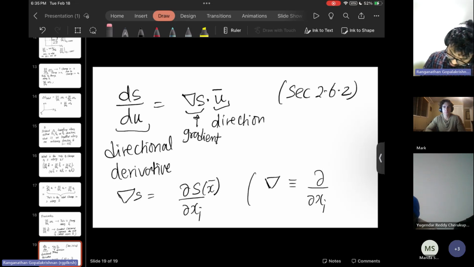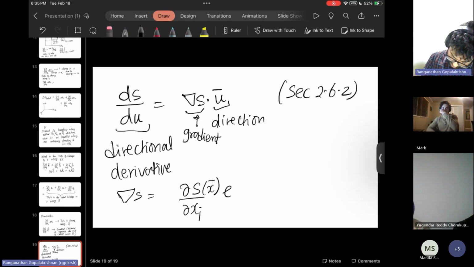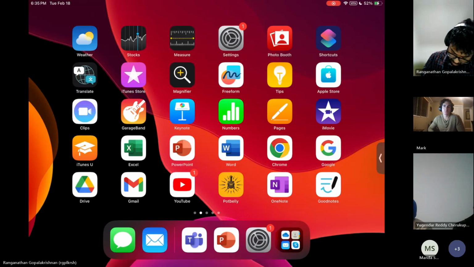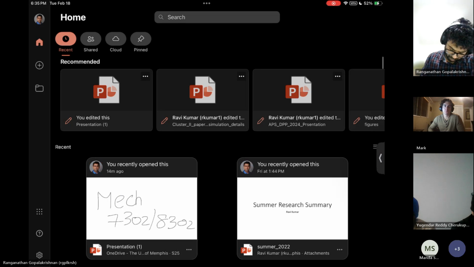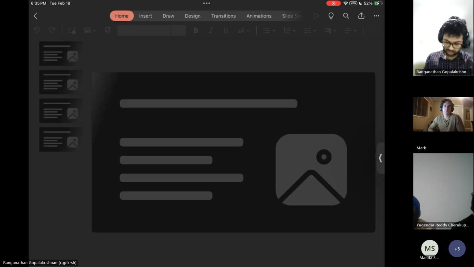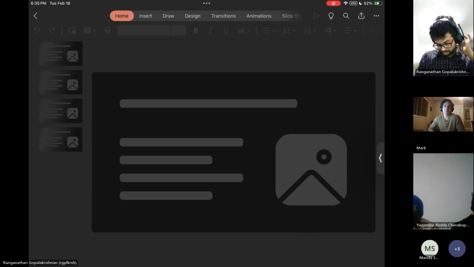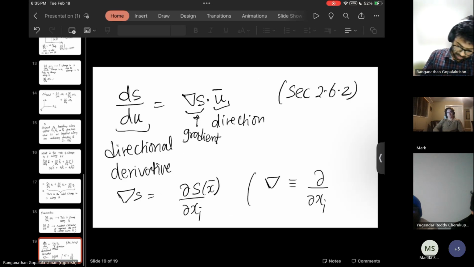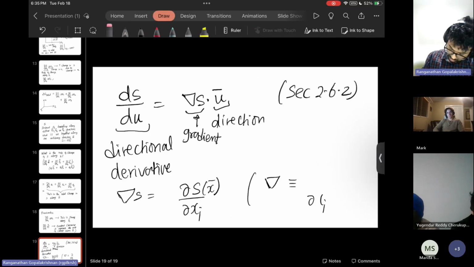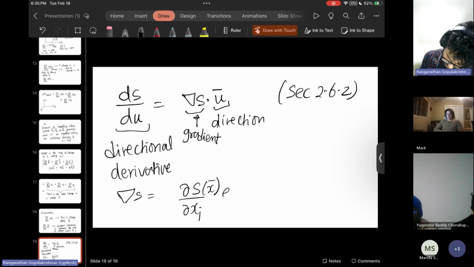Sorry, let me back up. I left out an important part of this gradient operator, which is the ei cap.